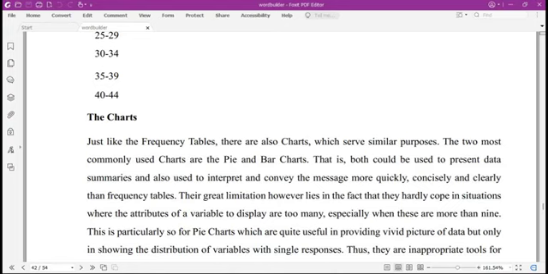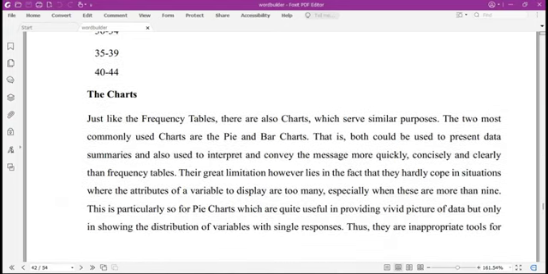The charts and the bars are in a picture form. Naturally, when something is in a picture form, it conveys a message more quickly and clearly, rather than just hearing it in figures and all that.